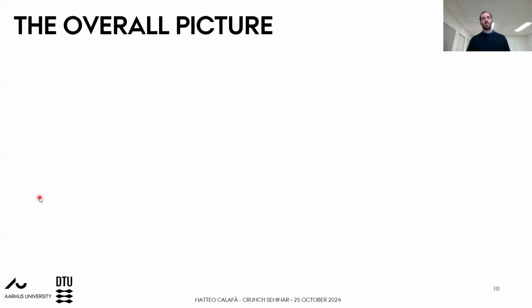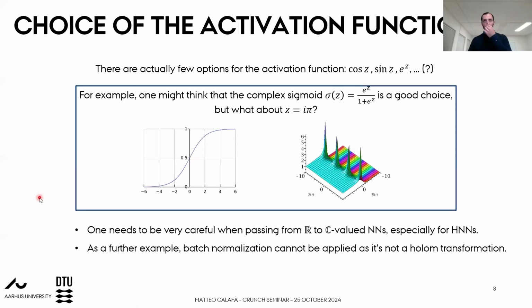Let's go back to the discussion about the complex sigmoid. The discussion regarding the activation function is very wide in general, and there is a lot to say about it. We just presented an example, but nowadays there are also many articles about possible activation functions for general complex-valued networks.